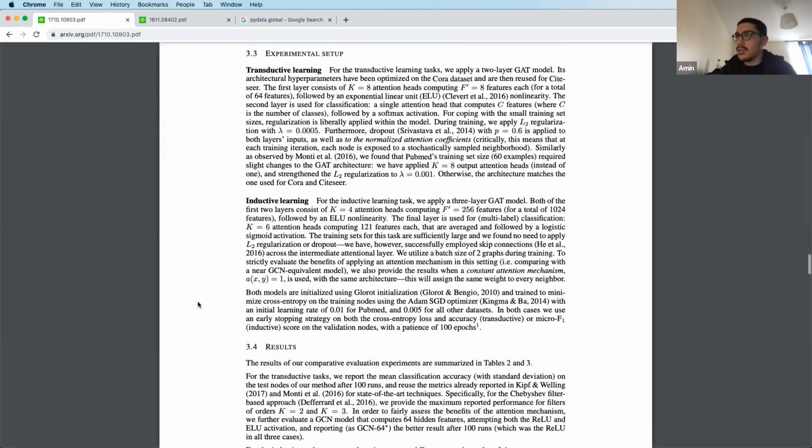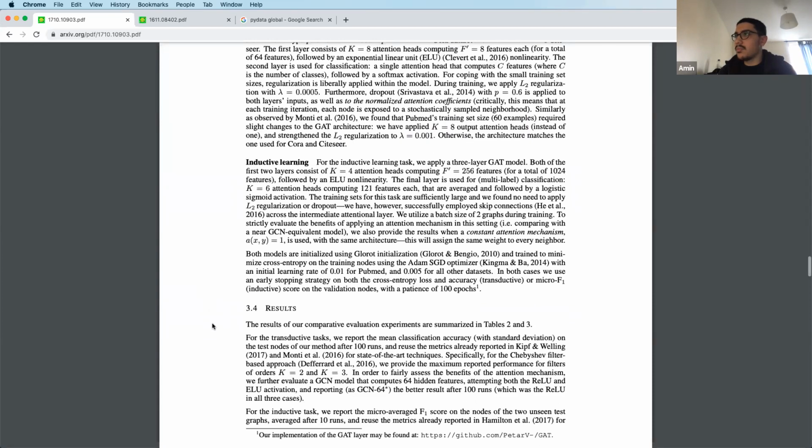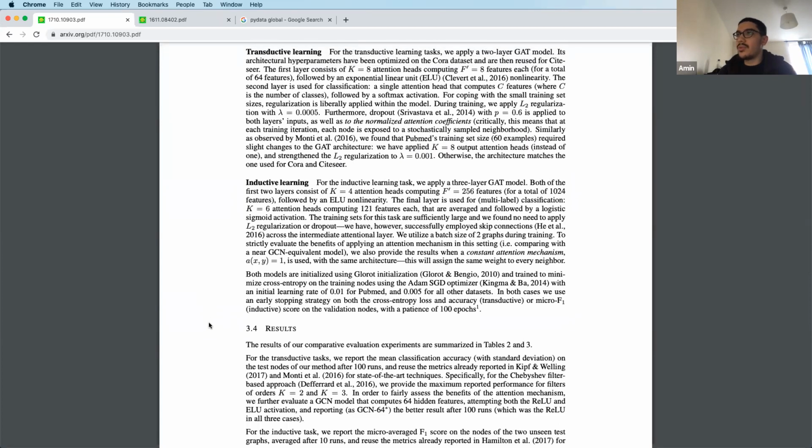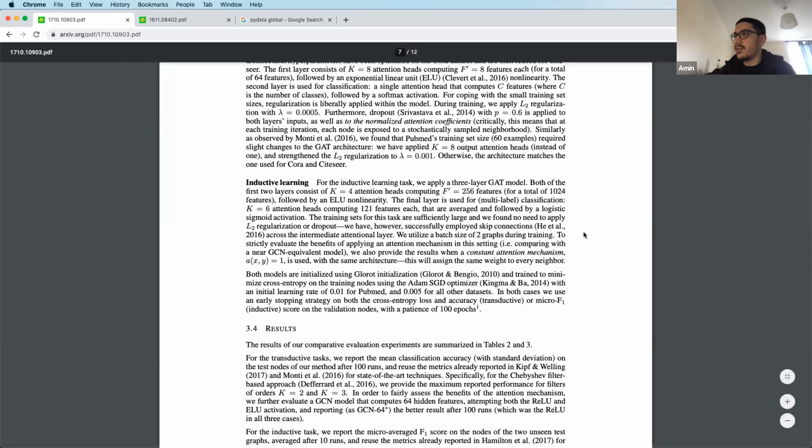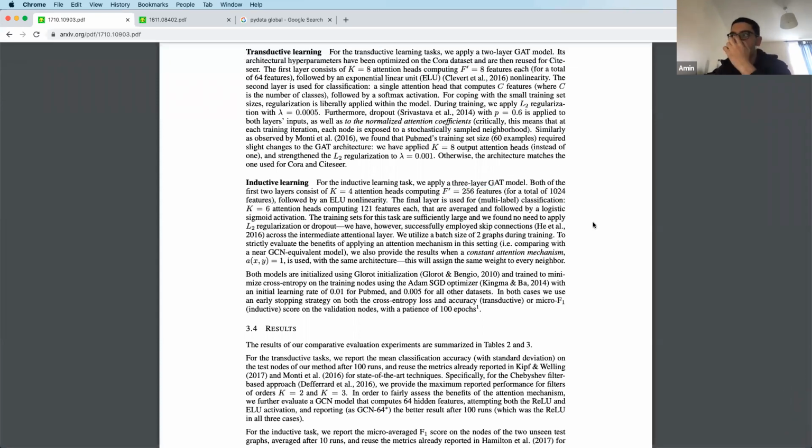Okay, so for inductive learning is similar. Instead, they use 3 layers instead of 2, and they say they don't need to apply regularization because of the size of the graphs, or rather the size of the training set.